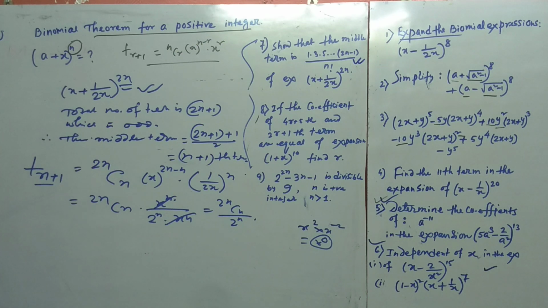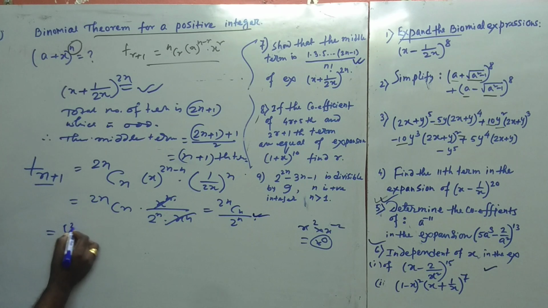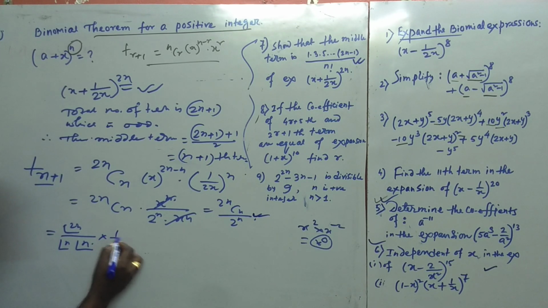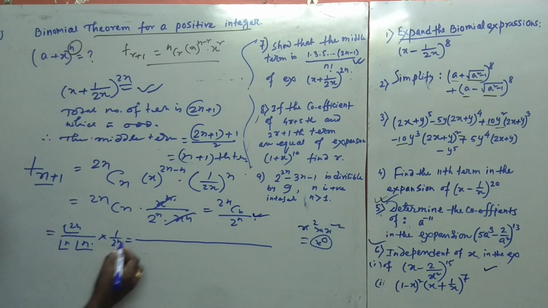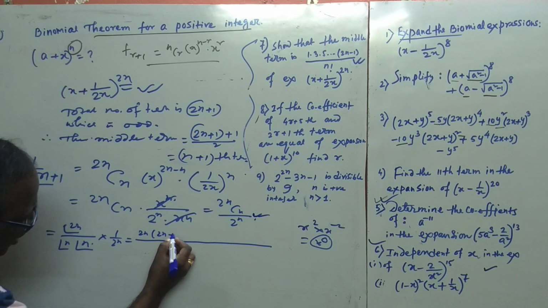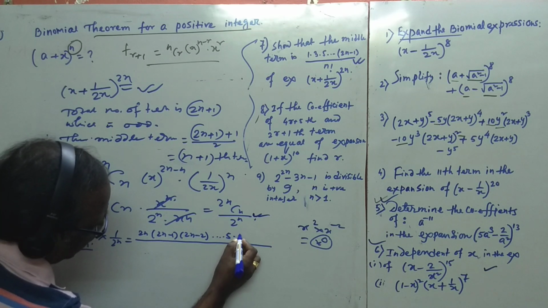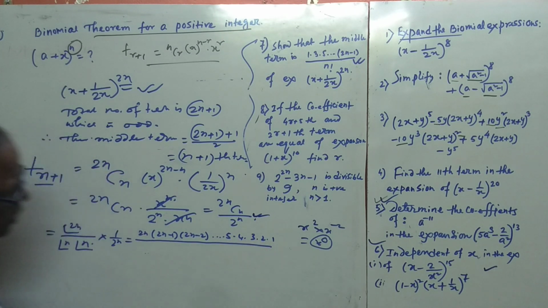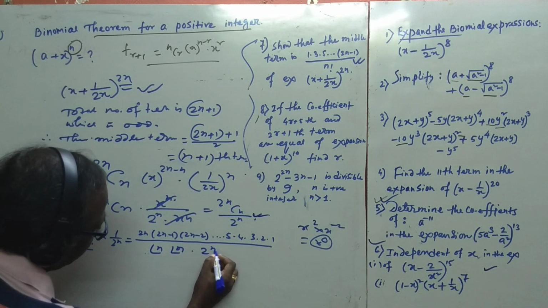But we have to show this formation simplified. So now we expand this, that is factorial 2n over factorial n into 1 by 2 to the power n. Now factorial 2n can be written as 2n, 2n minus 1, 2n minus 2, dot, like 5, 4, 3, 2, 1. Any integer factorial can be expanded up to 1. This is factorial n, and 2 to the power n.